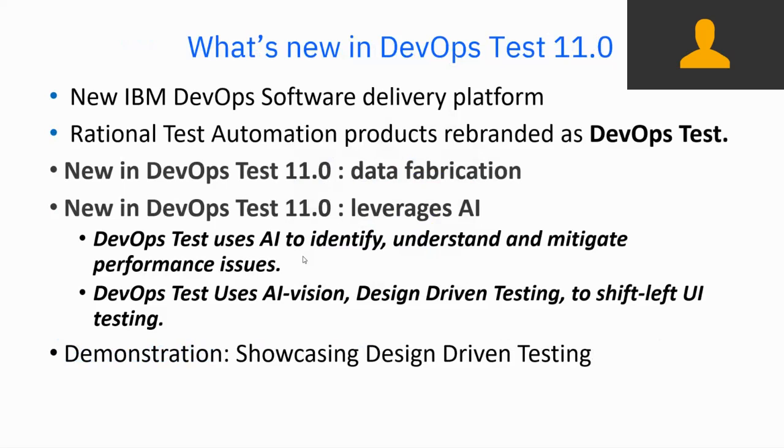One is for performance testing, and the second subject, which is the subject of the demonstration, is how we can use AI to help us shift-left testing our user interface. And Stuart is going to give us more details about that and is going to give us a demonstration.